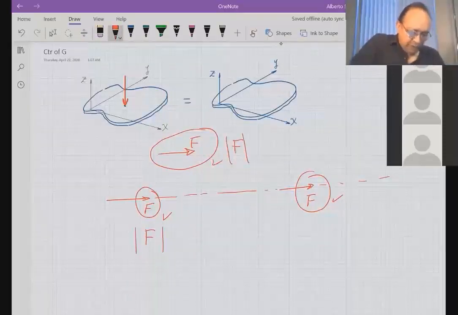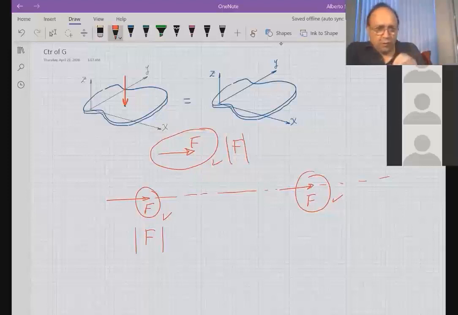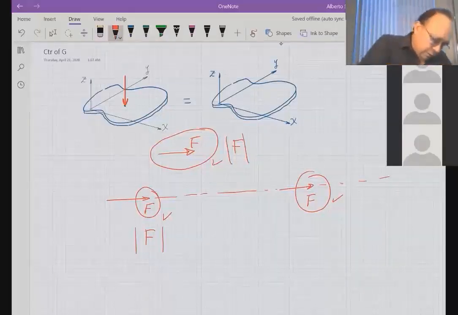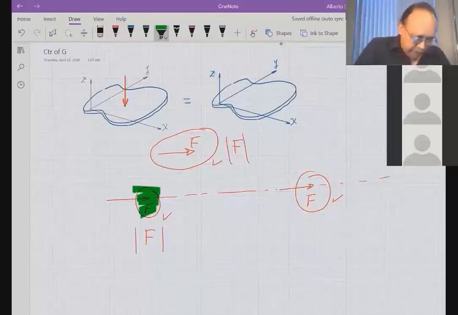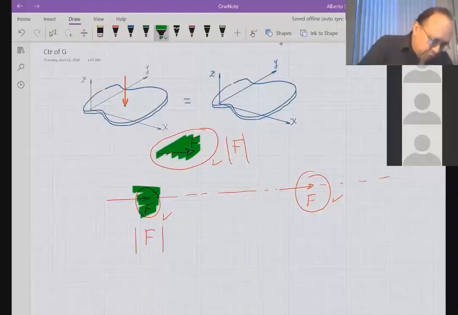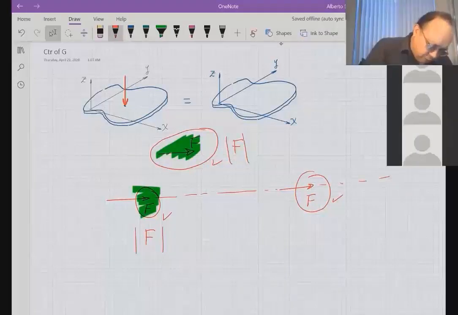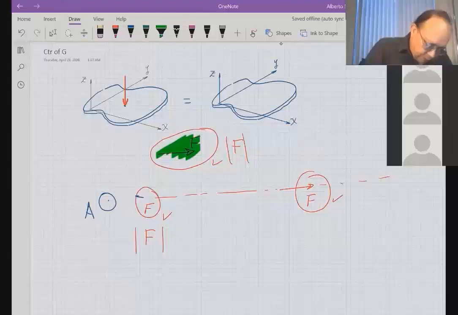But the moment that the system of forces produces with respect to a point also has to be the same in both cases. So this force here, if you calculate the moment of this force with respect to any point, you will get an amount, and then this force has to produce the same moment. These two forces don't produce the same moment, because if I calculate the moments with respect to point A here, this one doesn't produce any moment, but this one does.